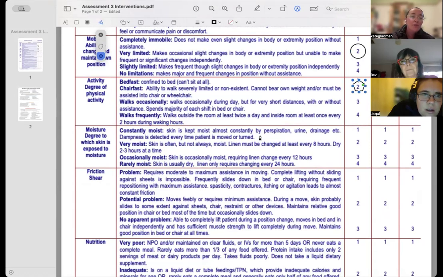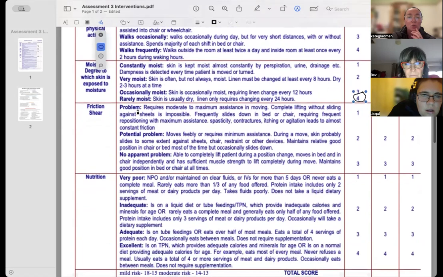If you've got moisture on the skin and pressure on the skin, that skin is going to break down a lot quicker. So for this sake, let's say the patient is continent, so they don't have to wear a pad. In this instance, we'll say skin is usually dry. Linen only requires changing every 24 hours.